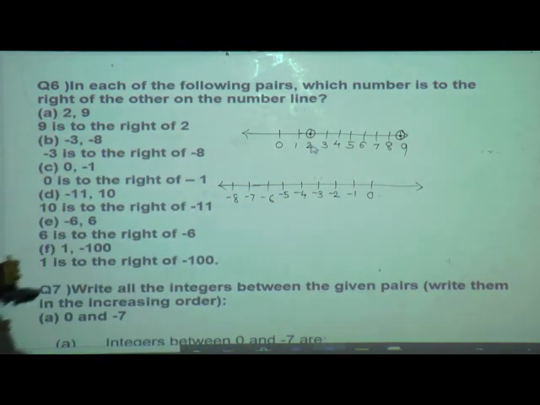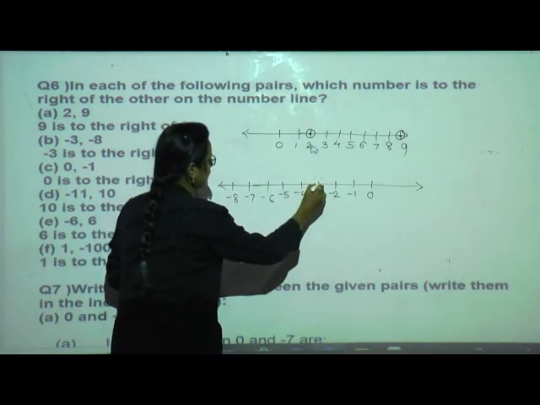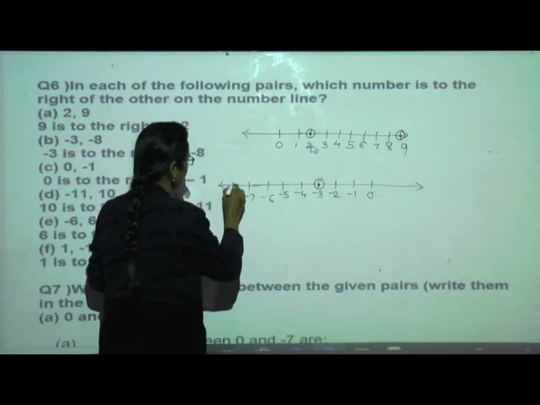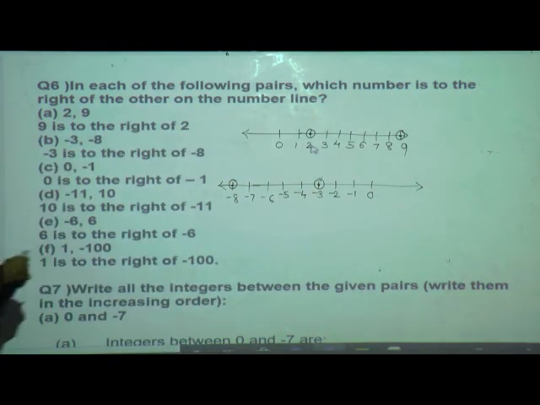Okay, so we have drawn the number line. Now you can see here is the minus 3 and here is the minus 8. Okay, so minus 3 is to the right of minus 8.